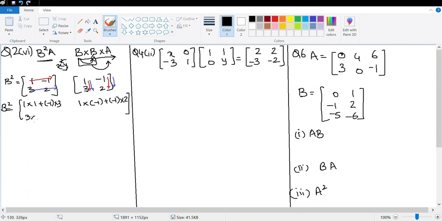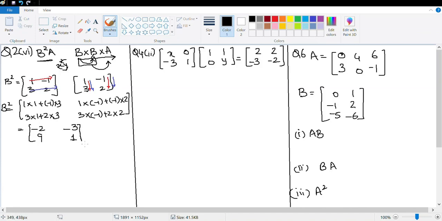Next is 3 into 1 plus 2 into 3, and then 3 into negative 1 plus 2 into 2. So this will be 1 plus 1 into negative 3, that's negative 3, so this is equal to negative 2. 1 into negative 1 is negative 1, and that's negative 2. So this is negative 3. 3 into 1 is 3 plus 6, that's 9. Negative 3 plus 4 gives me 1.